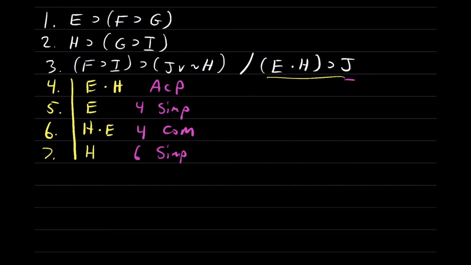And now we can do those modus ponens steps that I mentioned with lines 1 and 2. So I'm going to add line 8, still continuing my vertical line. From line 1 and 5, I can get F implies G, and that follows from line 1 and line 5 by modus ponens.